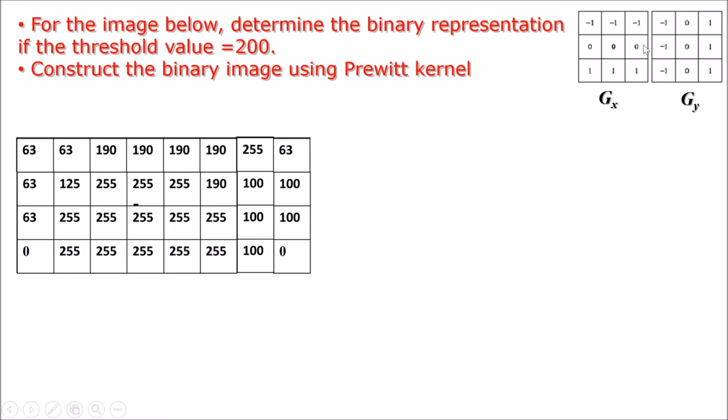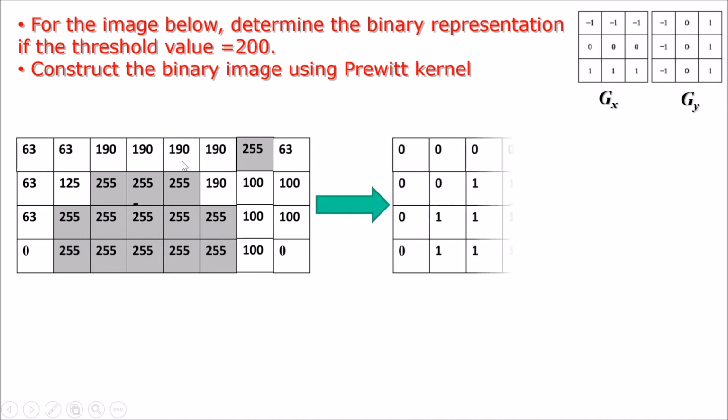So the Prewitt kernel is given by this operator, in which the gx and gy are in the 3 by 3 dimension. First things first, since the threshold is equal to 200, whatever pixel locations are highlighted here will become the foreground, and the rest will become the background.